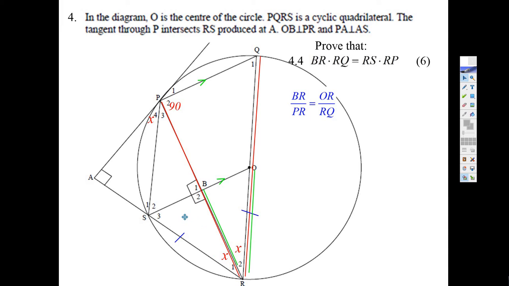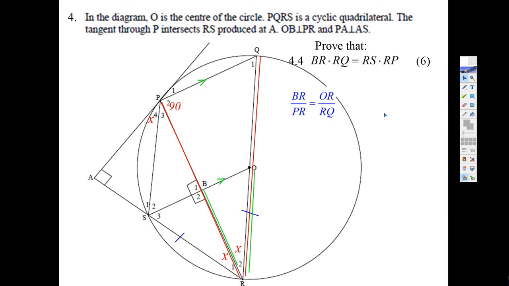And now I can say that these two triangles are congruent. Therefore, SR equals OR. Well, if SR equals OR, then I can replace OR with RS. Then when I cross multiply, I get what I've proven.